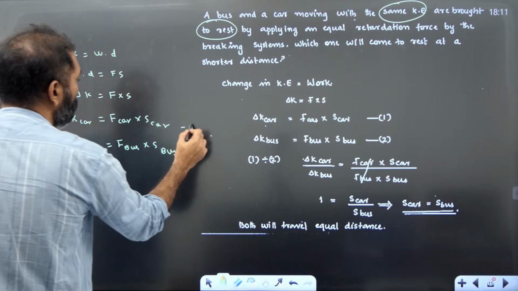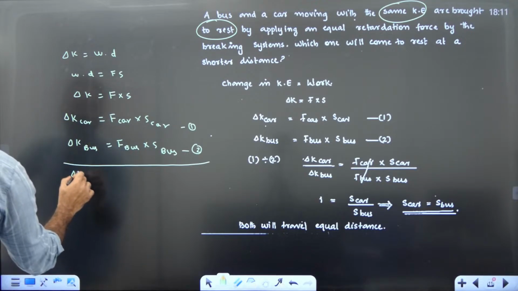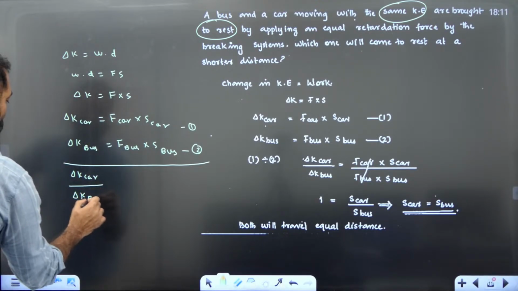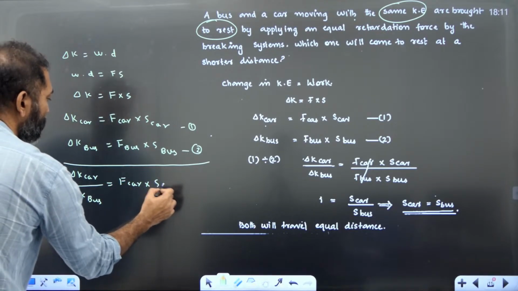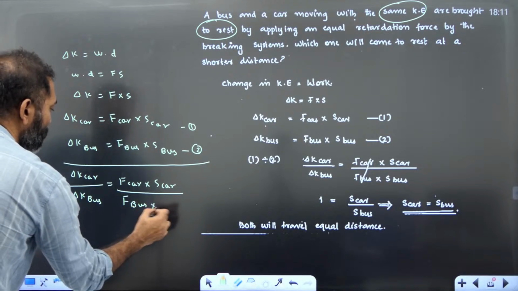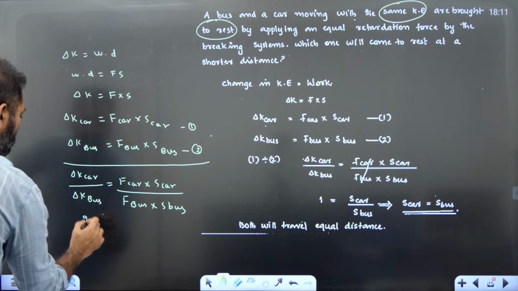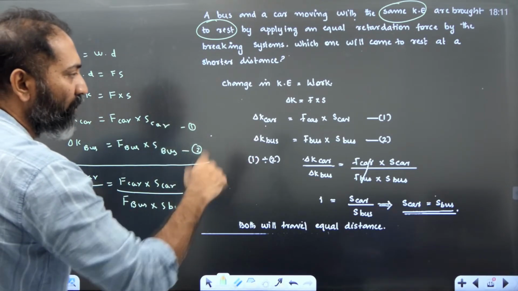Equation 1, equation 2. Now remember, dividing the change in energy of the car by the change in energy of bus, we get the force applied on car into displacement of car divided by force applied on bus into displacement of bus. But it is given that the initial kinetic energy of both is the same, and both come to rest.